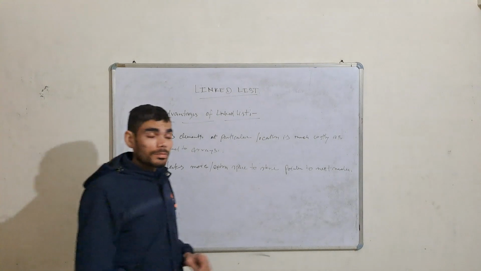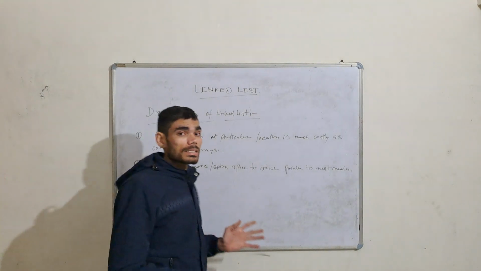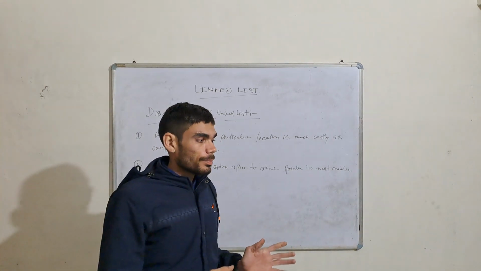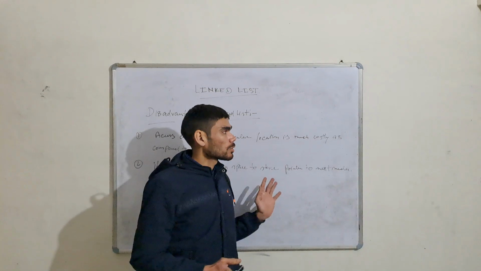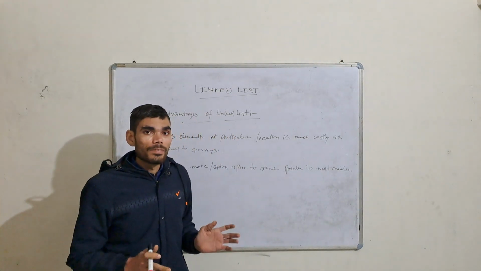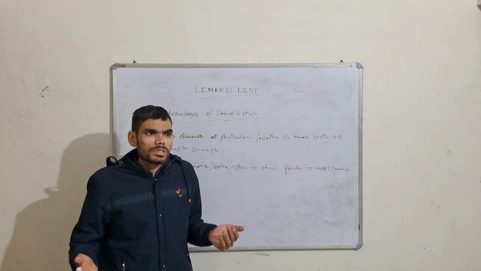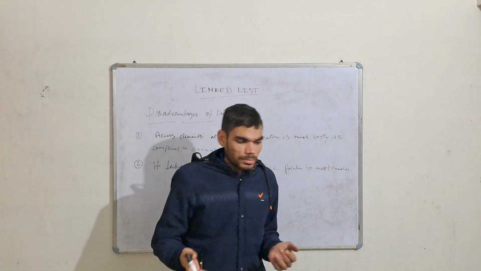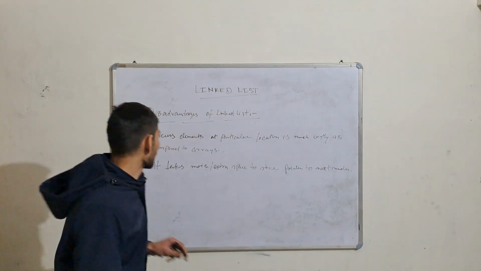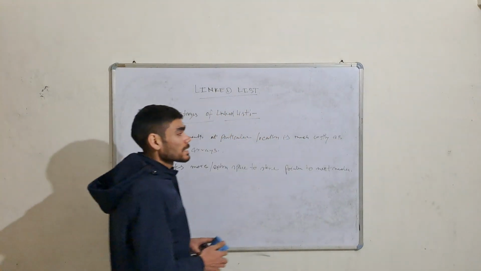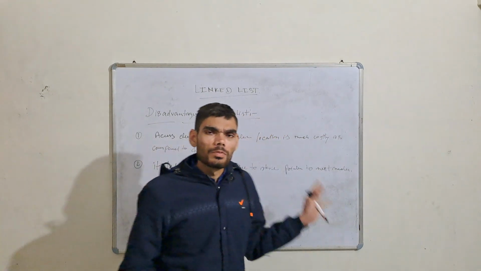Before proceeding with linked list, we also have to discuss arrays. We should also discuss the difference between the linked list and arrays. Why should we use linked list over arrays? So the main disadvantages of linked list and the advantages of arrays we will discuss here.